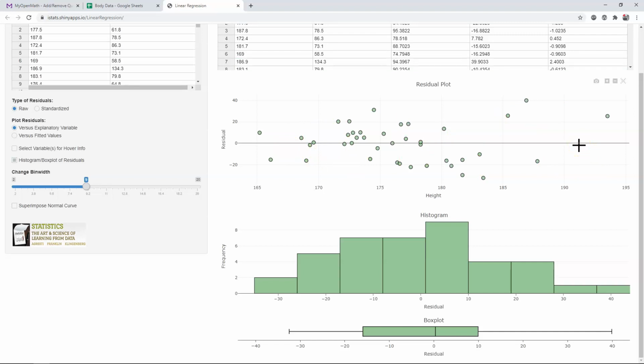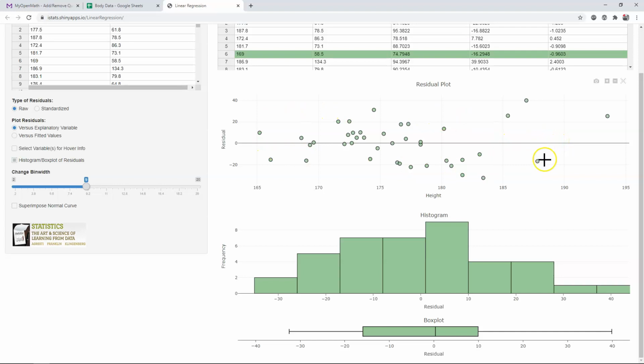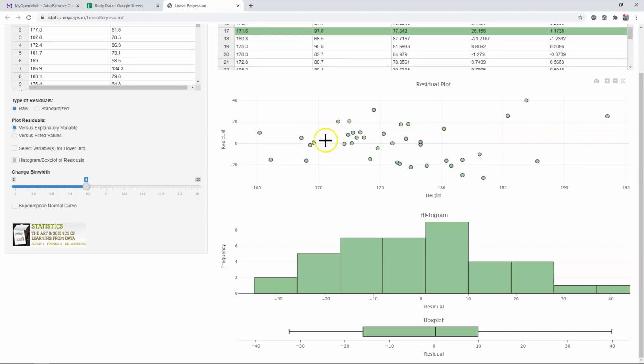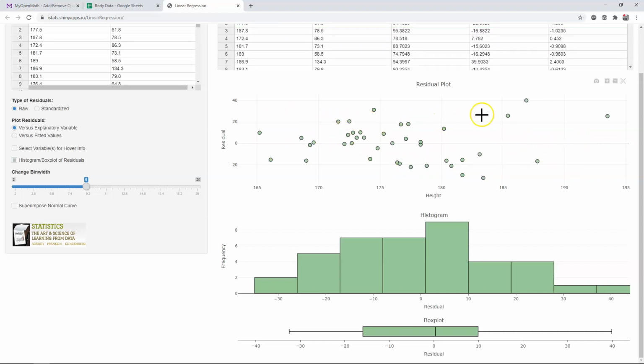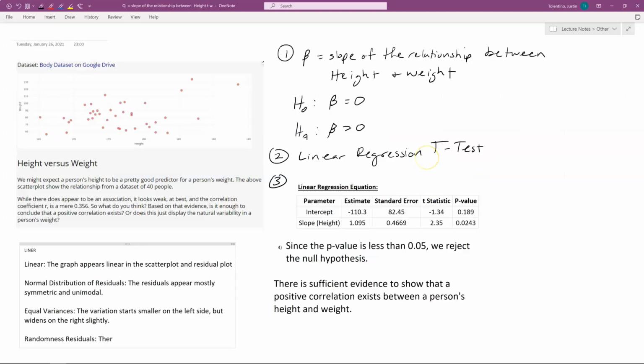And even though being linear, normal, or having equal variances is a good thing, always look back and see, does it just look pretty random? And I see there's no real pattern to these residuals at all, so it does look random. So I'll just say there is no noticeable pattern in our residual plots to worry about.